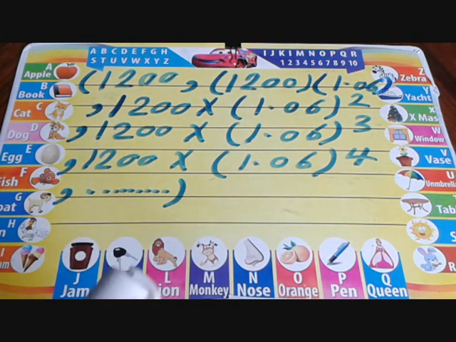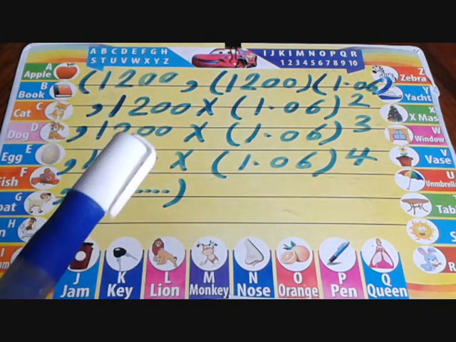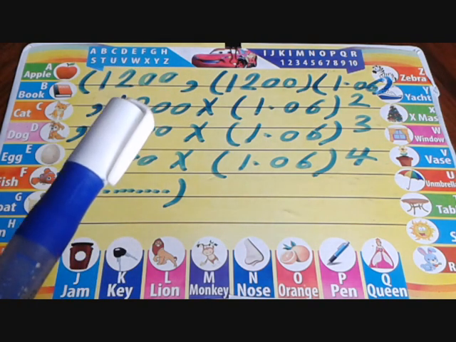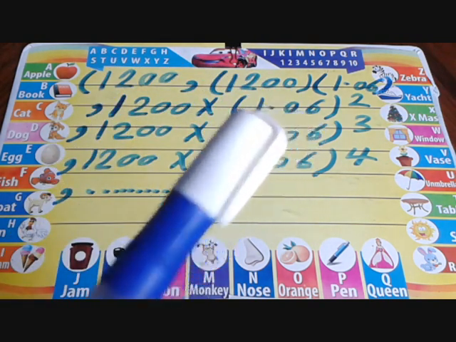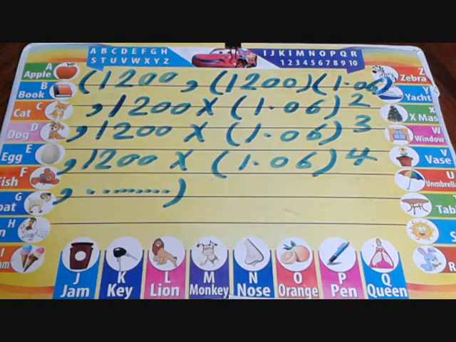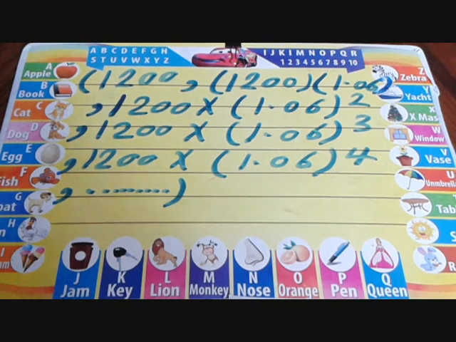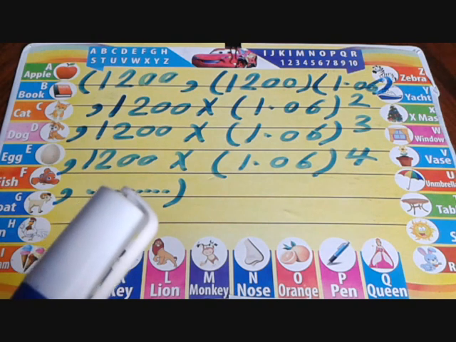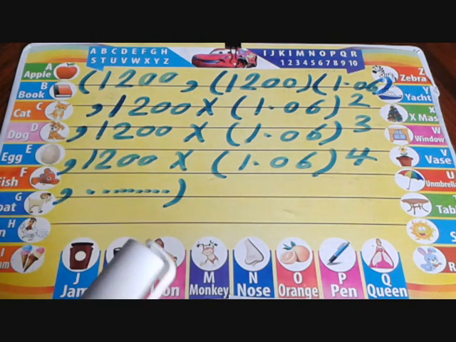It is a geometric sequence, as you see: the first salary, the second salary, and so on.